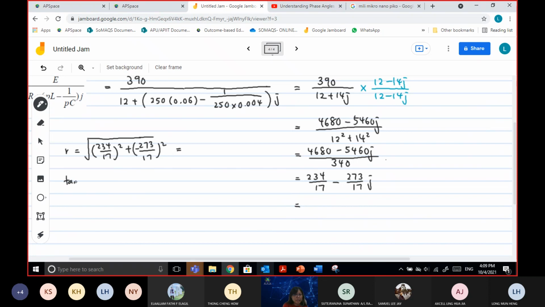Then for the arctangent. So what do you get for the R?